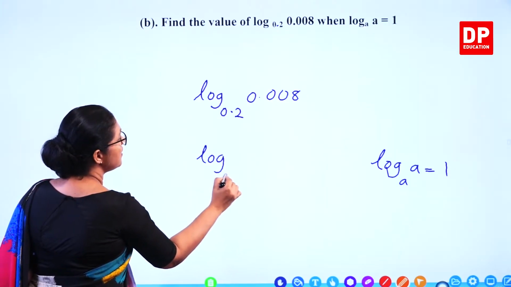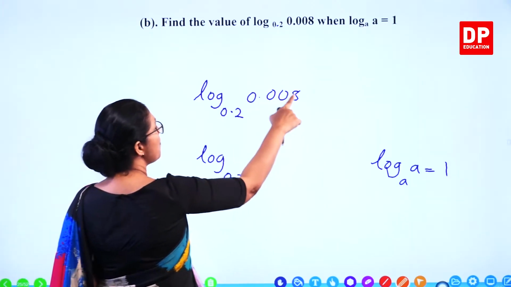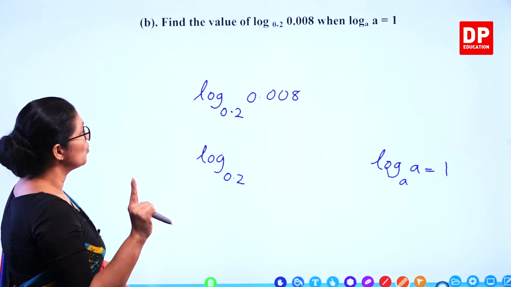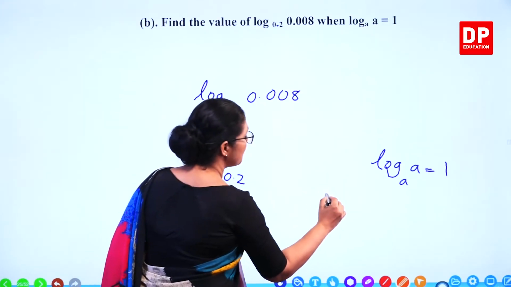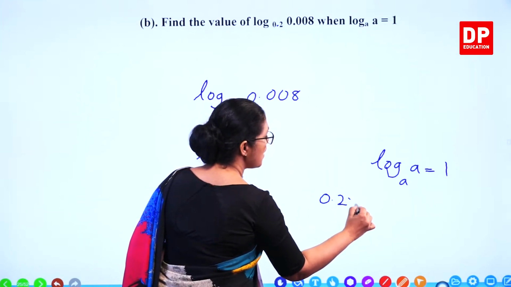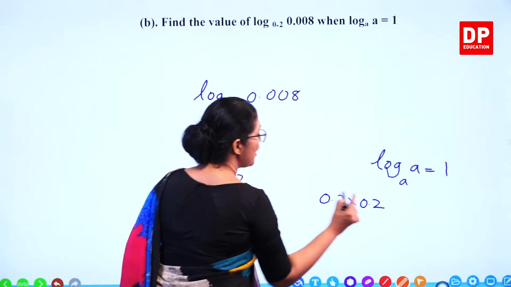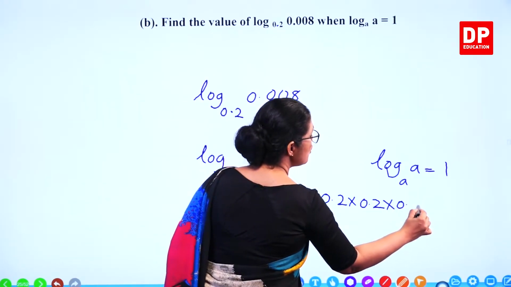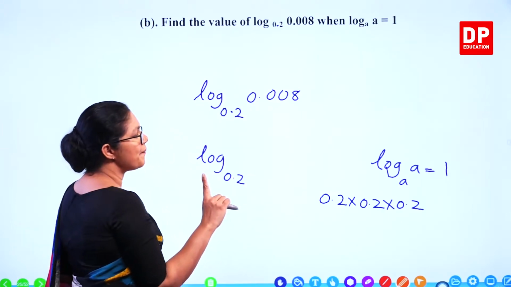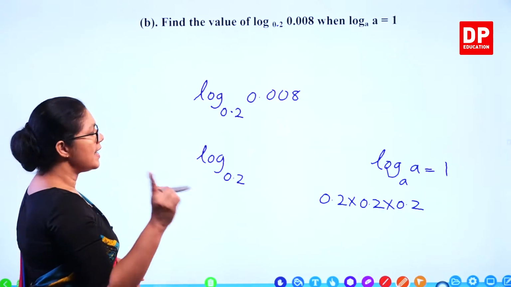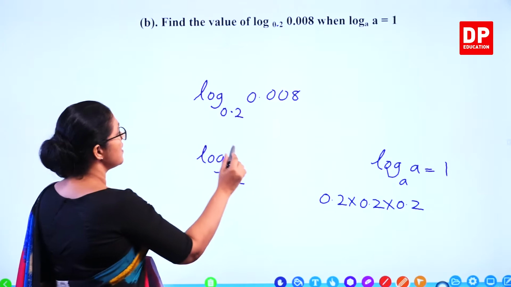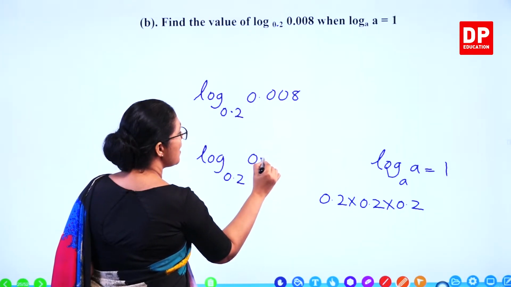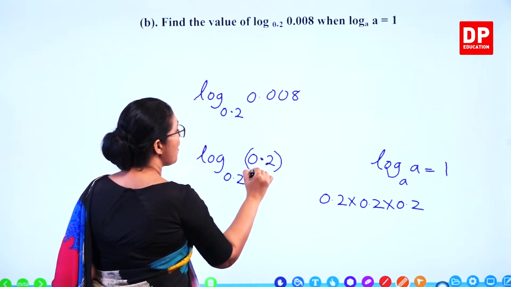We need to write 0.008 in terms of 0.2. When you multiply 0.2 times 0.2, you get 0.04. Again multiply by 0.2, you are getting 0.008, 3 decimal places. So you can write instead of 0.008, 0.2 to the power 3.